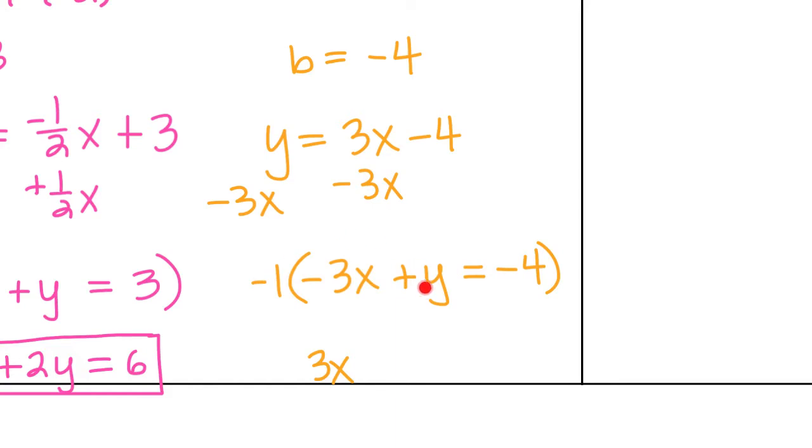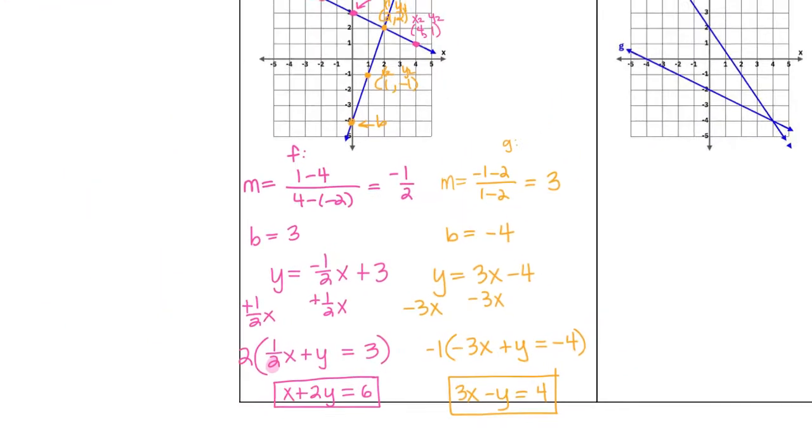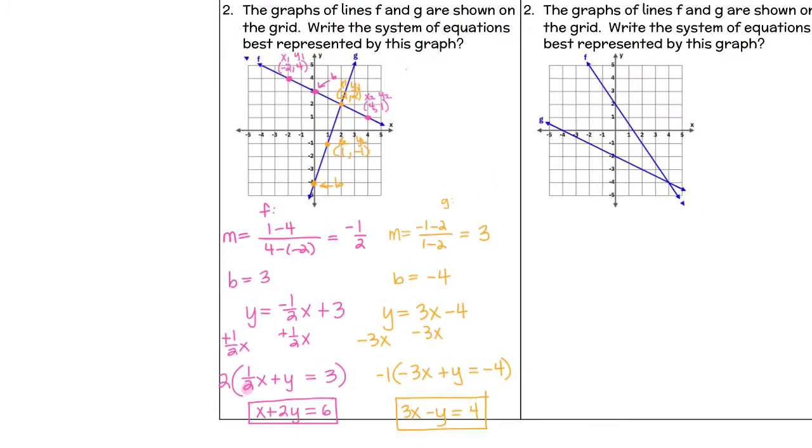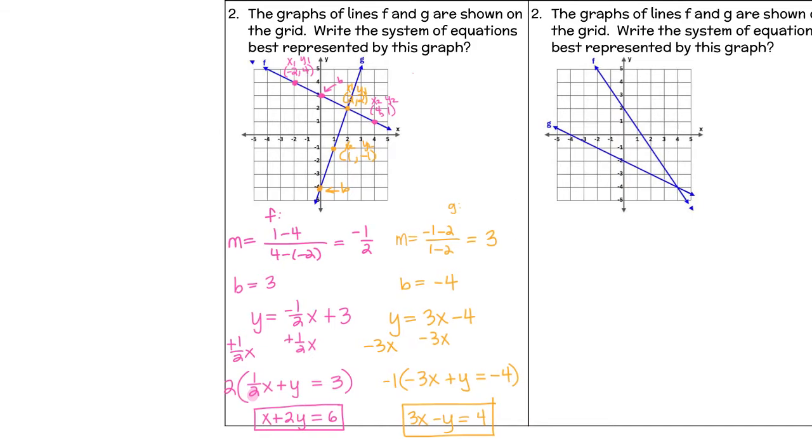And now negative 1 times positive y is negative y. And last, negative 1 times negative 4 becomes positive 4. Okay, so that's the system of equations represented in the graph, and we went all the way to standard form on that one.